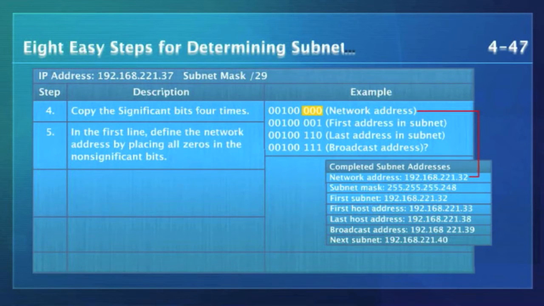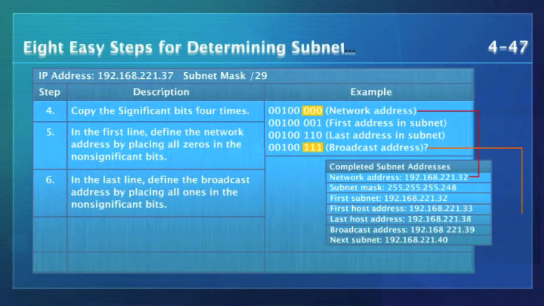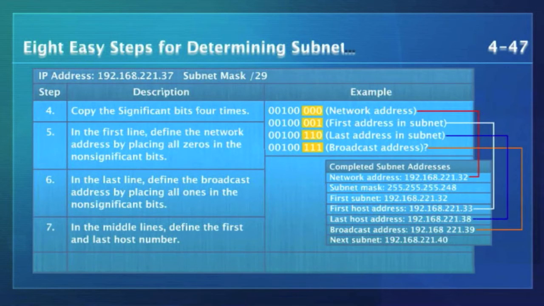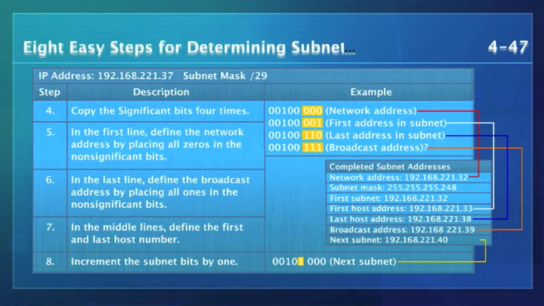And this gives you the network you live on, the broadcast address for your network, and the first and last address in the subnet. And then you could always calculate what the next subnet is.